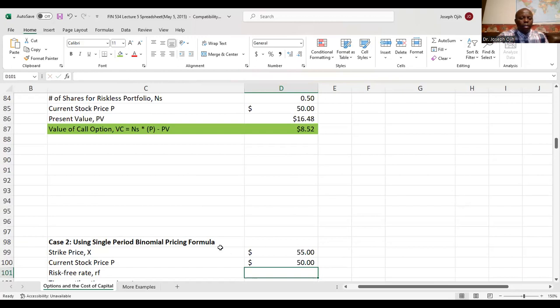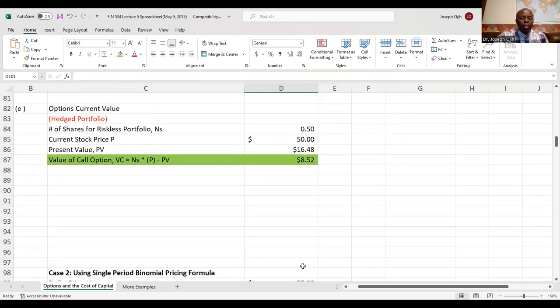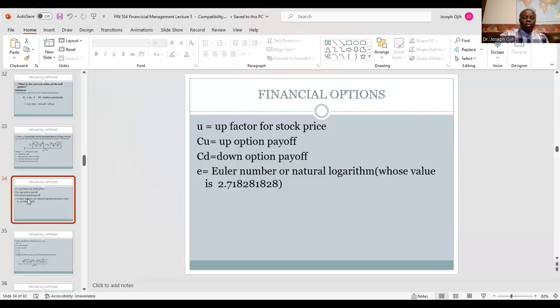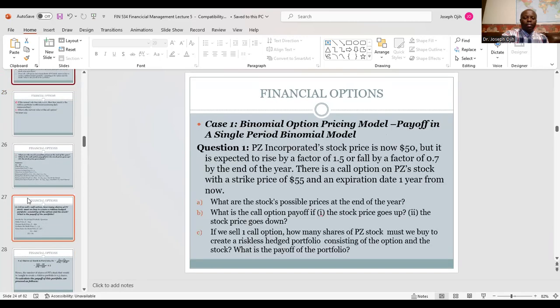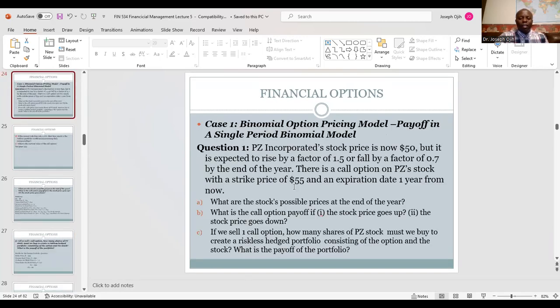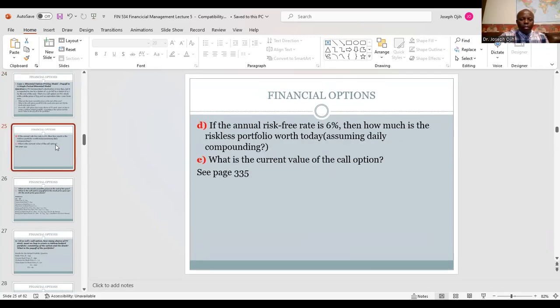Okay. Risk-free rate. According to the question, I'll show you what it says about risk-free rates. The risk-free rate is that part. Okay, risk-free rate is 6%. You can see right here, 6%.